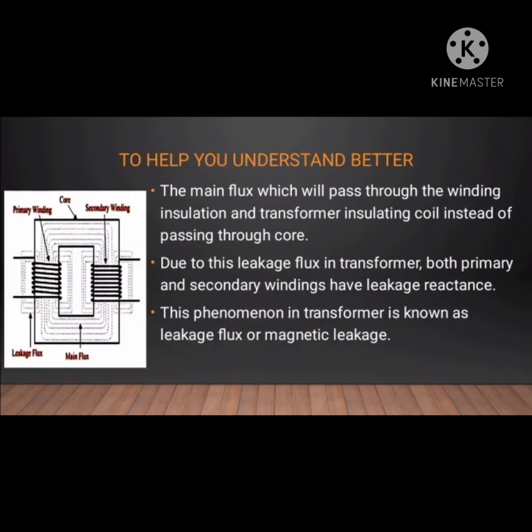To help you understand better, meron tayo ditong figure na kung saan may primary winding, may core, may secondary winding, may leakage flux, tas main flux. The main flux will pass through the winding insulation and transformer insulating coil instead of passing through the core.